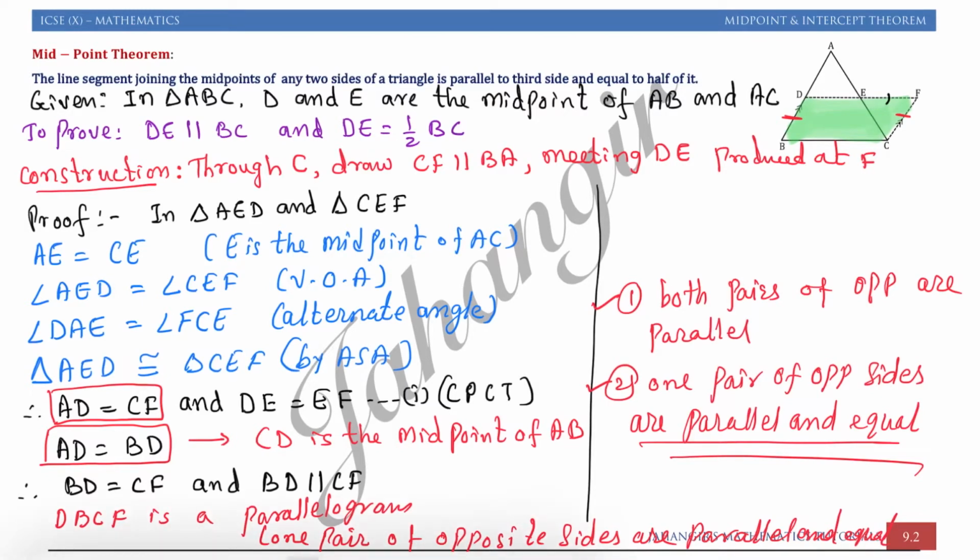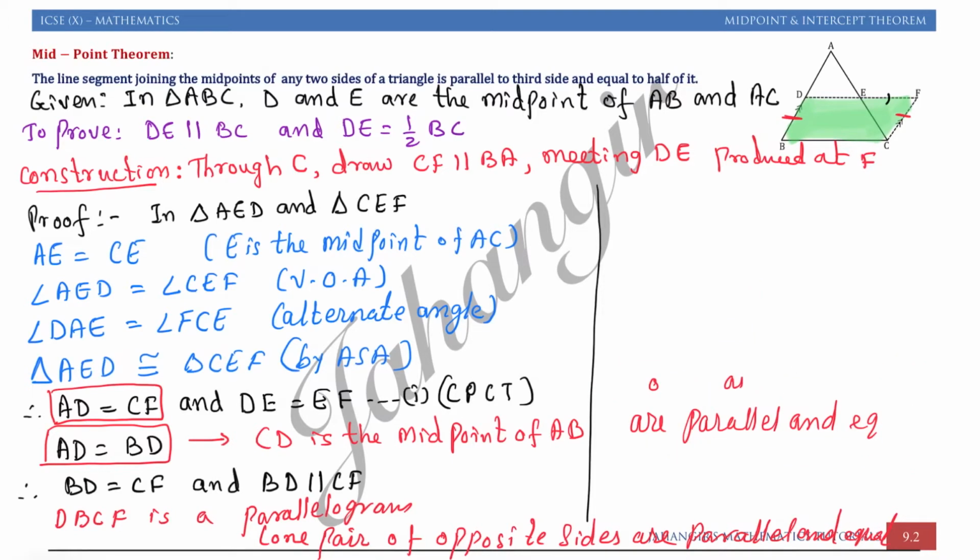Okay. Now when we have DBCF as a parallelogram, we can say again opposite sides. Therefore DF is parallel to BC.